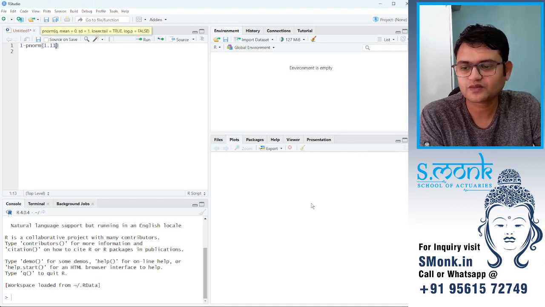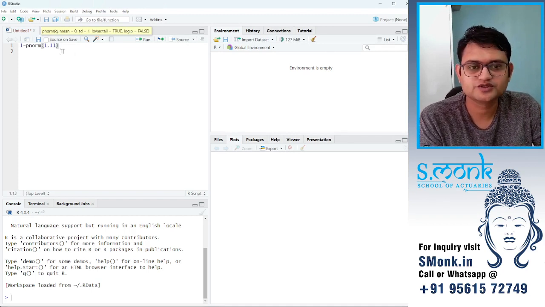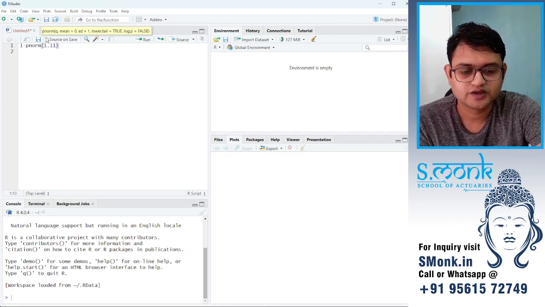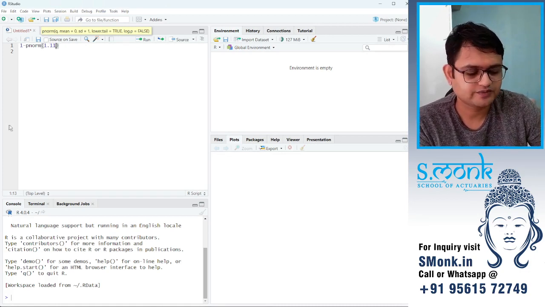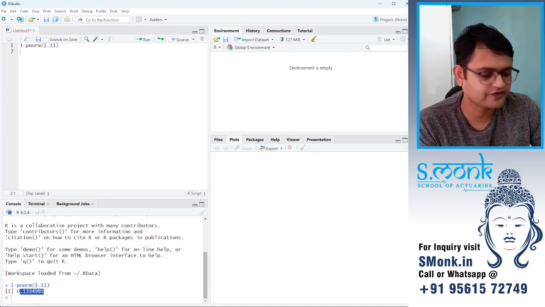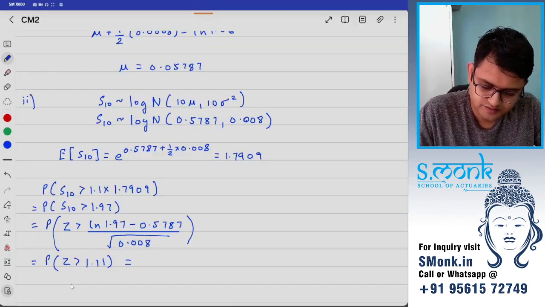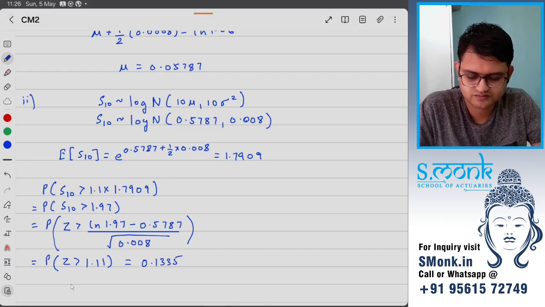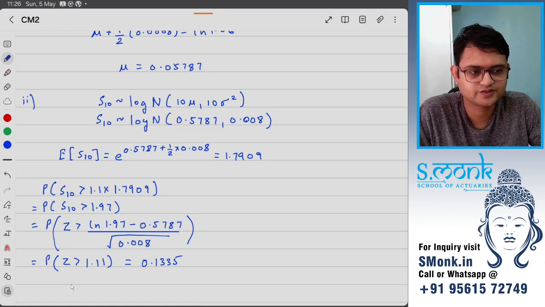Because we have a standard normal distribution, I don't need to give the parameters. It will automatically take 0 and 1. So the probability is 0.133499, or 0.1335. That's the probability.